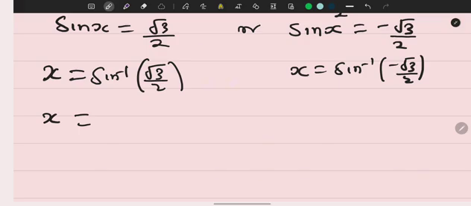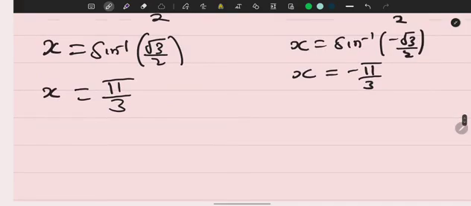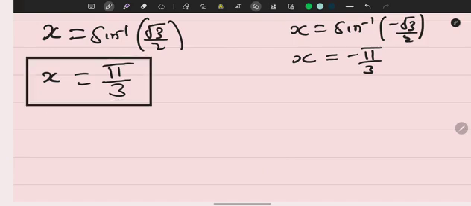Yes, 60 degrees, and 60 degrees will give us pi over 3. So this is pi over 3, while this is going to give us minus pi over 3. Alright, so we are not going to consider this as an answer to the given question because of the domain. This is outside the domain, so we consider pi over 3 as one of the answers. Okay, so let me put that in a box here.